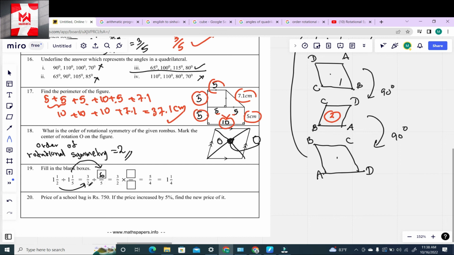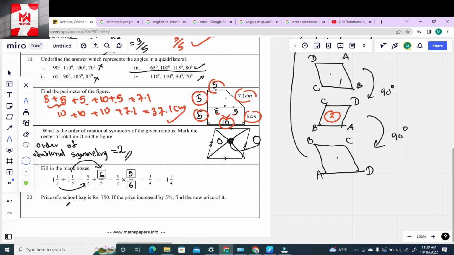Then 3 over 2, when you have to divide, you take the multiplication and we get the reciprocal. Okay, then 6 over 5 becomes 5 over 6. 3, 2, 2 into 4, 5 into 1, 5. And then how many 5? 4, 5, it's 1 extra 1.